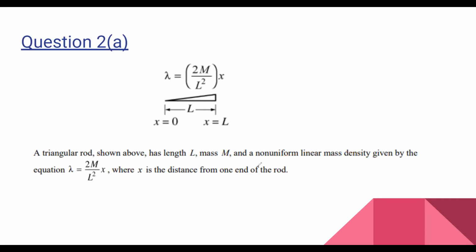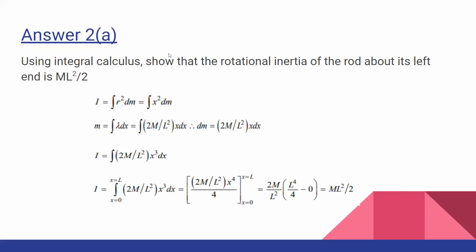The fact that they're giving a function for density means that you'll probably have to integrate this at some point during the problem. Otherwise, they wouldn't include it at all. That's just a waste of effort. And as you can see, we have to do integration.